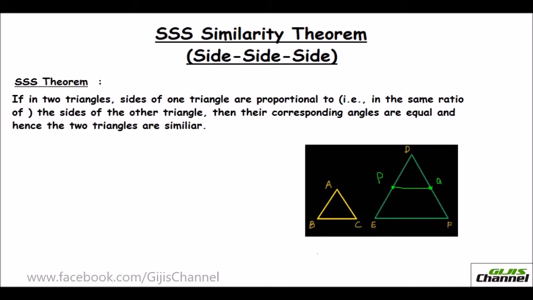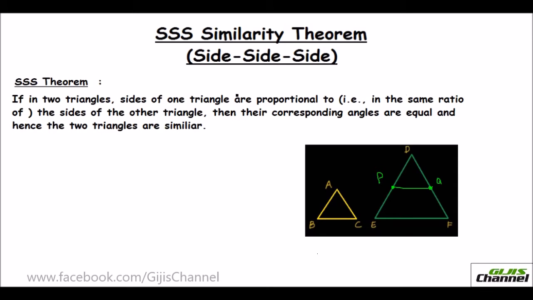This video is about the SSS Similarity Theorem. By SSS, we mean the side. You may get confused with that of the SSS congruency theorem. Actually, in SSS congruency theorem, you have all the sides equal.